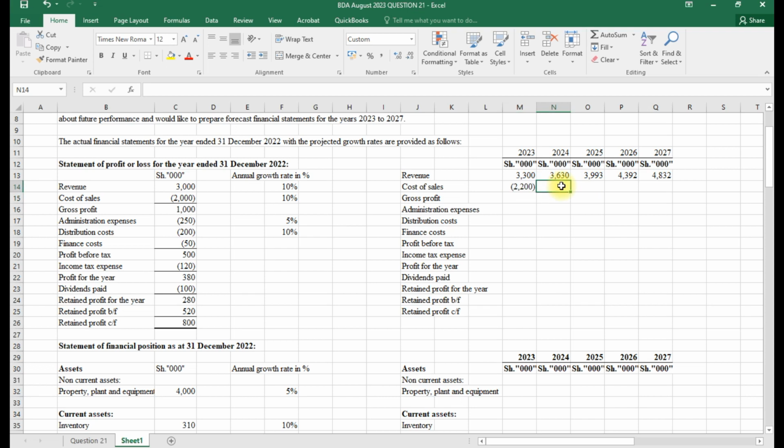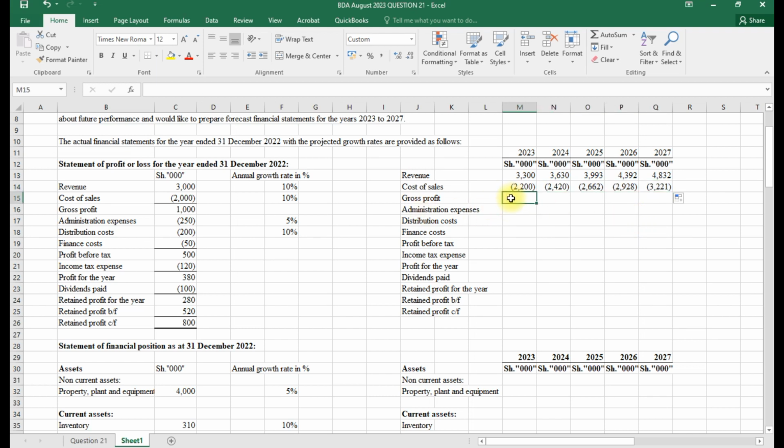And the second year, it will be this value multiplied by 1 plus 10%, fully lock that, enter, and you drag that. That way, that will be our cost of sales.